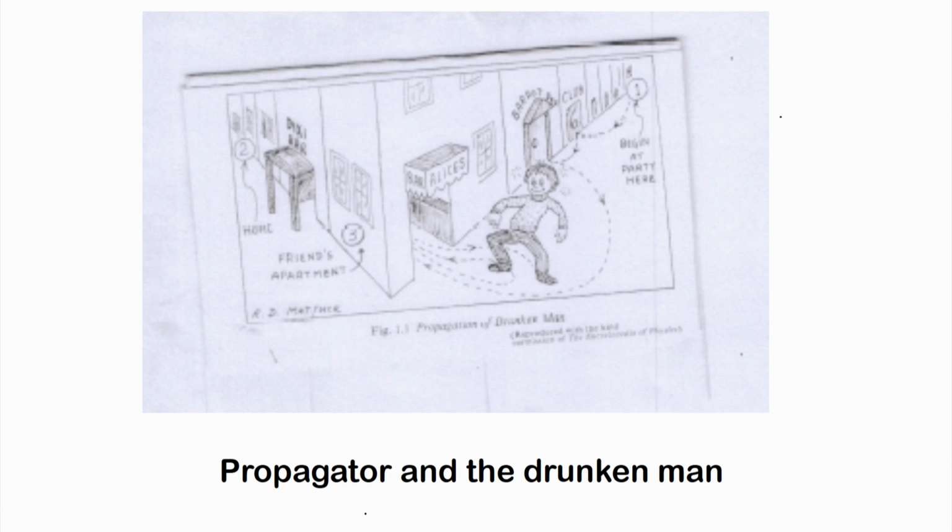So, the drunken man, if you look at it carefully, though the resolution is not good, started from 1, which is his original location, and then while going back home, home is at 2 here, he is undergoing repeated deviations into various bars.